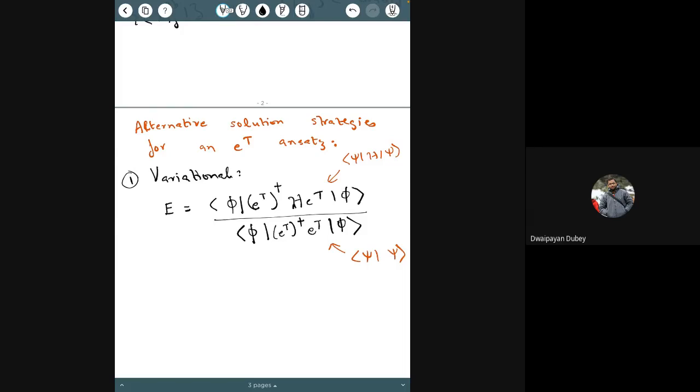But see what happens. Let's say I only have single excitation, so the simplest cluster operator that I can think of.